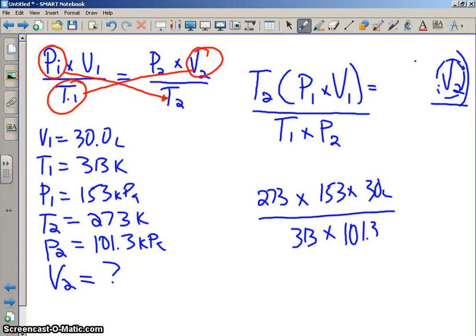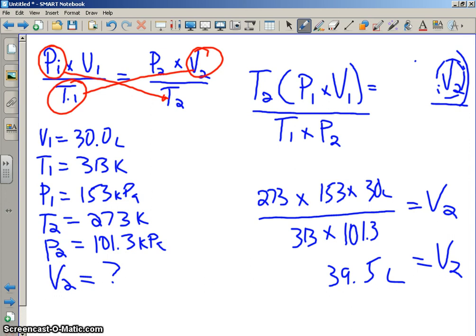All right, and when you do that, you get 39.5 liters. So V2 is equal to 39.5 liters.